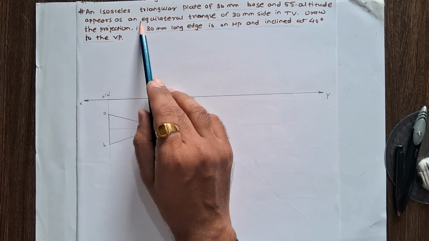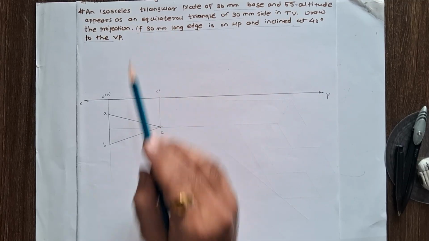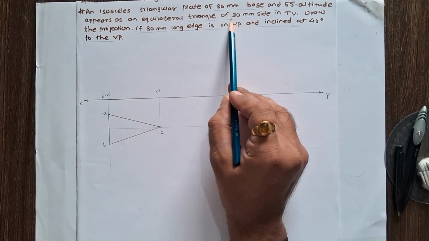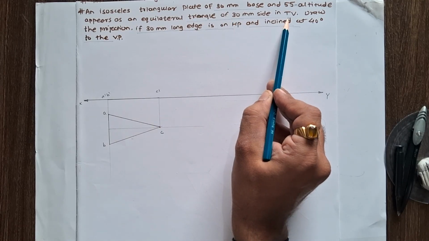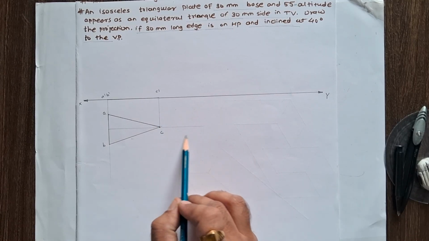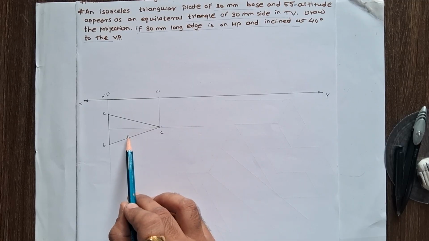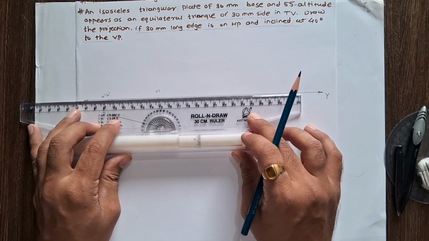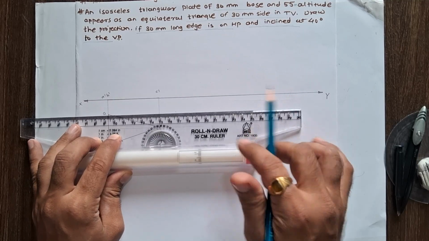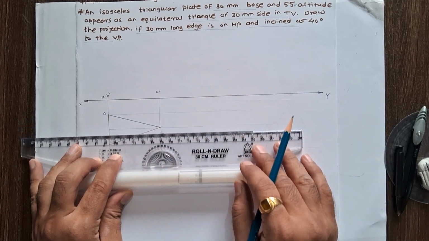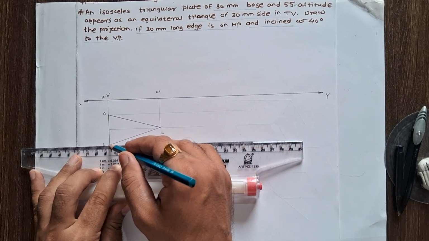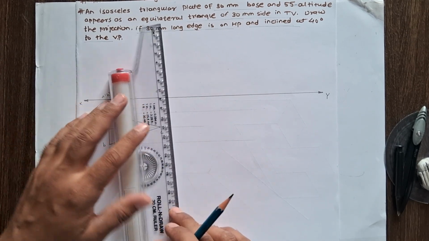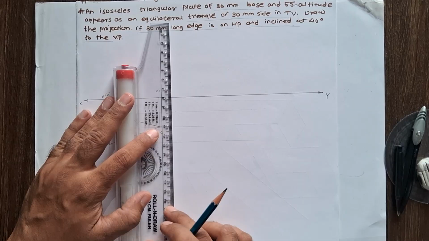In second stage, the isosceles triangle appears as an equilateral triangle of 30 side in top view. Now here in the second stage, this triangle looks like an equilateral triangle. So the base distance of the equilateral triangle is 30, so the remaining two sides of the equilateral triangle are the same, 30. So take a projection from stage 1 top view and draw the base.